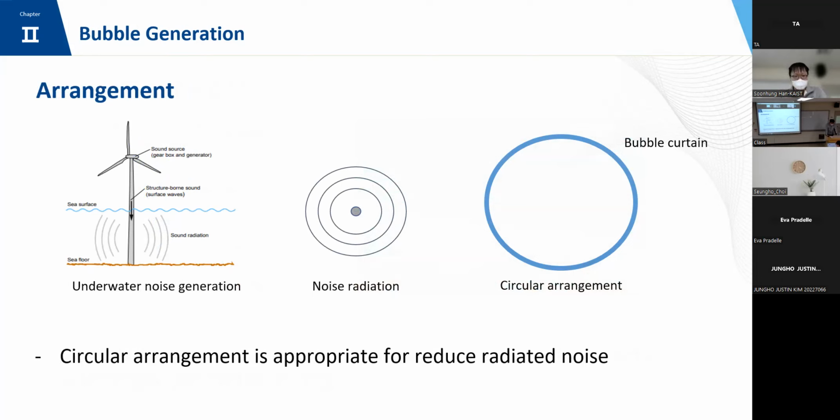Because the offshore wind power plant is placed in the ocean, the hammering of the wind turbine produces vibration of water, and it produces very large sound, and the sound wave is produced like in the little picture.